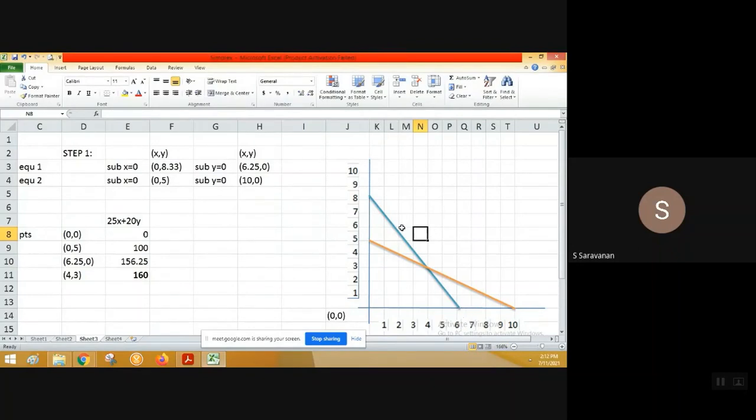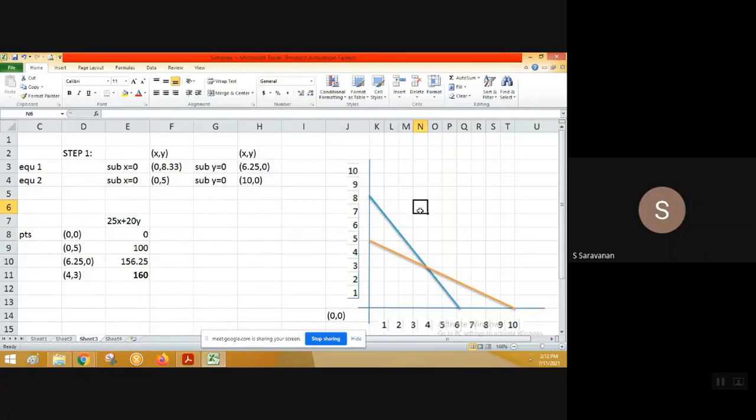So I have drawn a line with the two coordinates 0, 8.33 and 6.25, 0. Then equation 2 is 0, 5 and 10, 0. I have drawn this. Equation 1 I have highlighted in blue color, and equation 2 is in orange color.